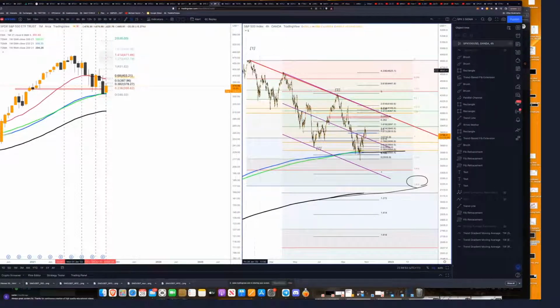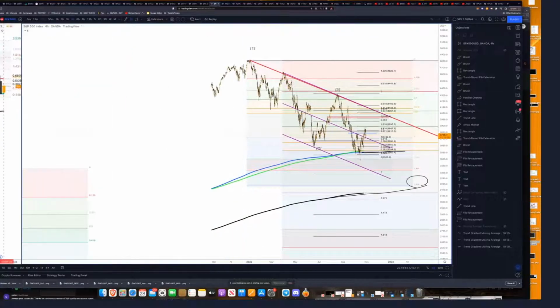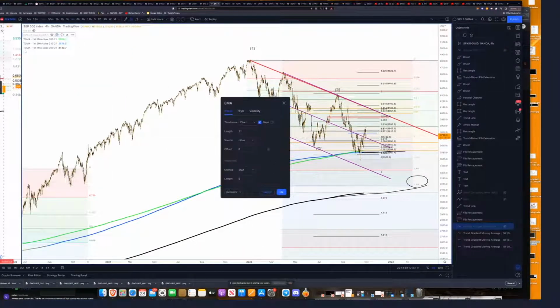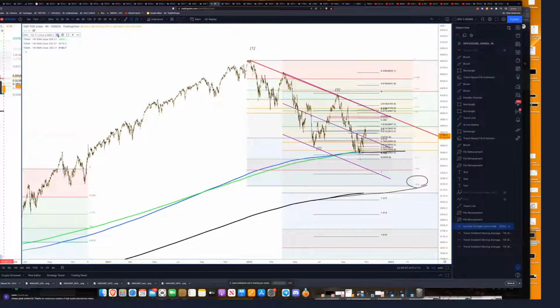So if we were to go to this one, monthly, just turn it on. There we go. So 21 monthly moving average, same deal.